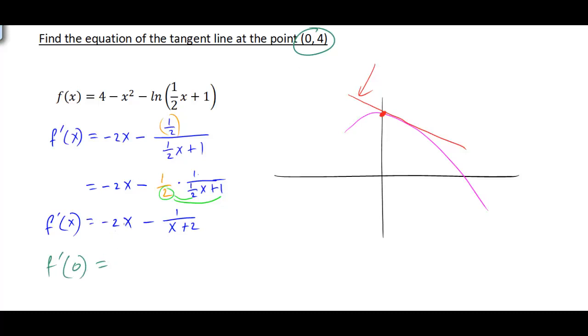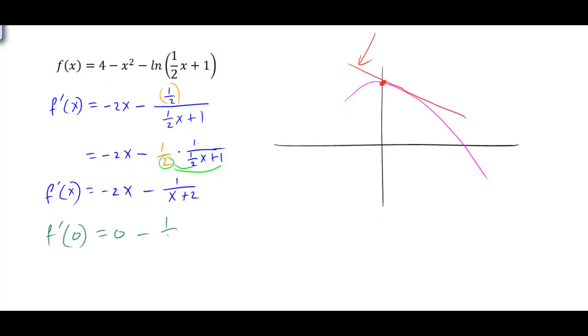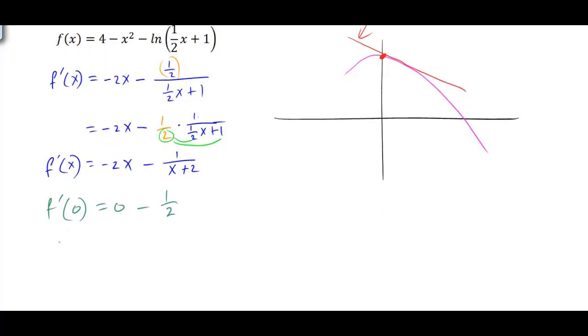Well, if we plug 0 in for x, minus x is 0, so that would just be 1/2. So it looks like we're going to end up with a slope of 1/2. Keep in mind, this is going to be our slope at the point 0, 4.